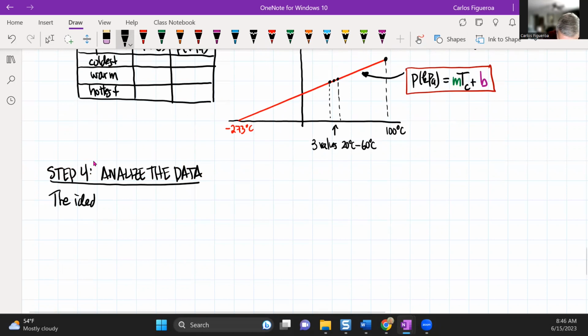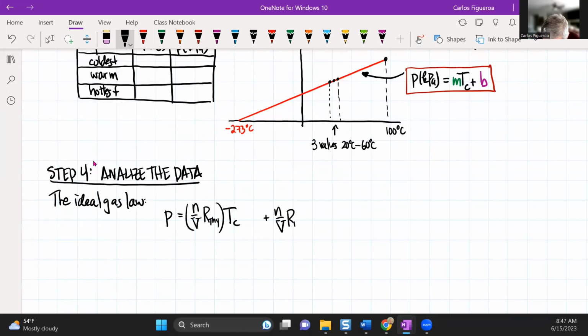The ideal gas law tells me that the pressure is going to be nR/V times T_Celsius, plus nR/V times 273. But I'm going to be careful here.